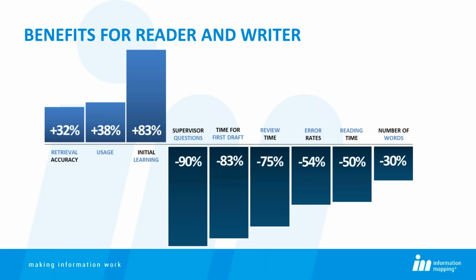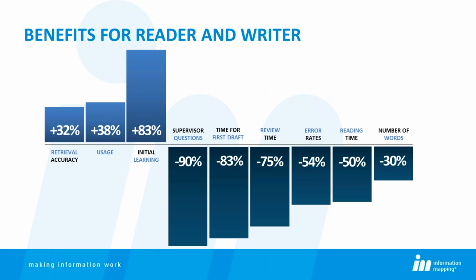So there's an increase of 83% in initial learning. The way the information is presented generally allows users to learn far more quickly because they're manageable chunks of information. And that reduces the need to retrain after the fact. Another big change is the decrease in supervisor questions by 90%.